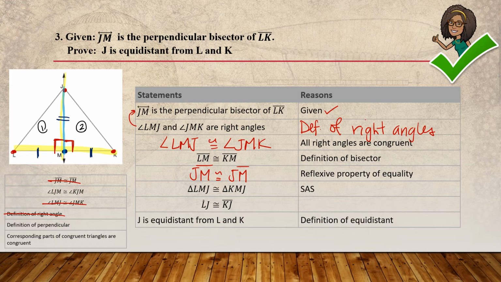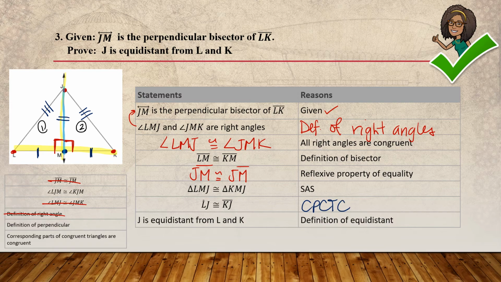So now that I know that these two triangles are congruent, what can I say about the other corresponding sides of this triangle? Well, I can also say that side LJ is congruent to side JK, and we can say that is by the corresponding parts of congruent triangles are congruent, or CPCTC.